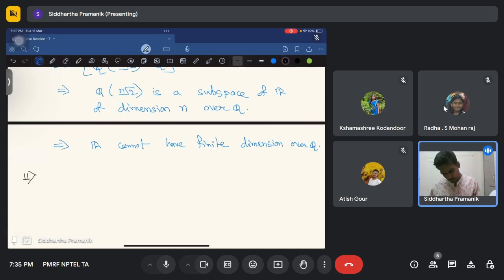Okay, let's do a critical problem. So let F subset of E be an algebraic extension.